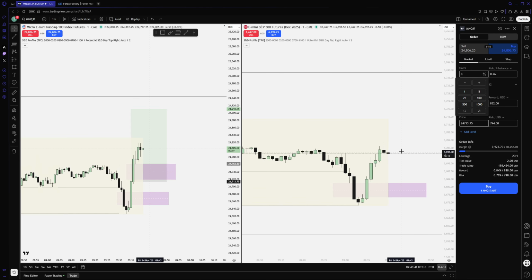If we close above the black candle. I'd like to actually see us come back into the fair value gap, realistically speaking. Okay, we closed. If we close above that, I'm taking the buy.